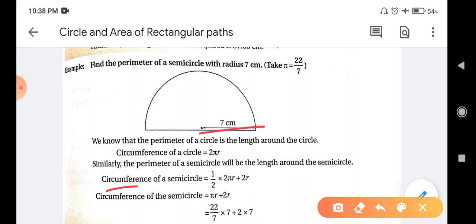So perimeter of this semicircle will be equal to half of 2 pi r plus 2 into radius. Half of 2 pi r, that is the length of this curved surface, plus 2r, that is plus diameter.